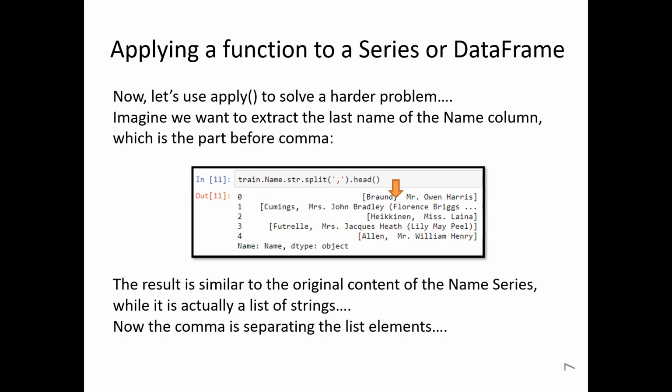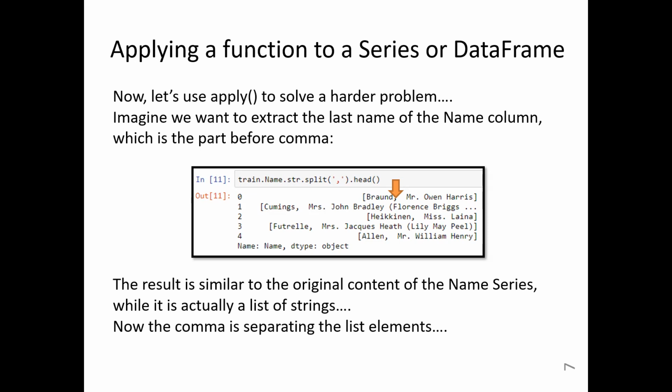What is the goal for that? We want to fetch the last name, which is the first part of this comma separated last name, first name column. And remember, when you do that, it's not a series anymore. You convert it to a list that has indices. Does that make sense?